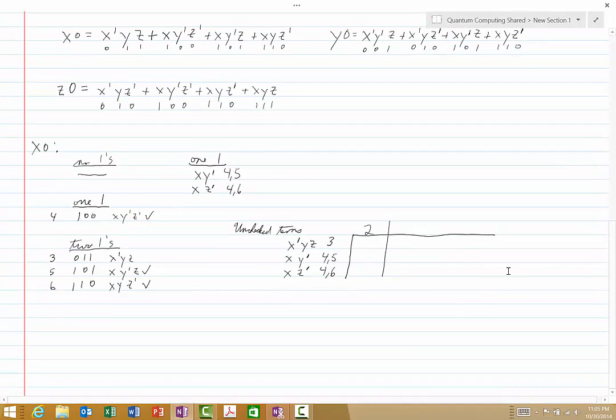Here we go. We're doing the XO right now. So 0, 1, 1 is 3. The next term in XO is 1, 0, 0, so that's 4. The next term is 1, 0, 1, that's 5. And the last term in XO is 1, 1, 0, which is 6.